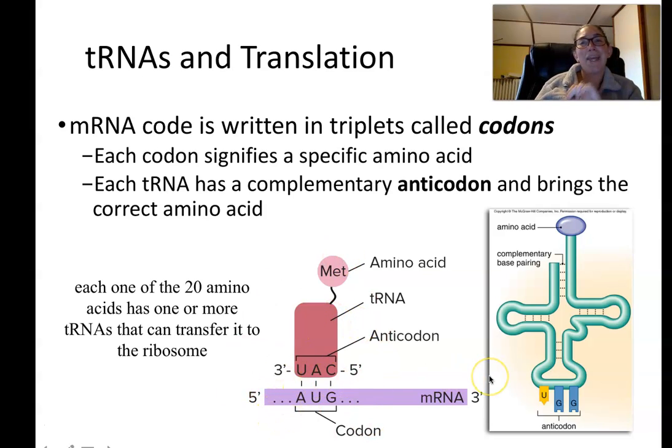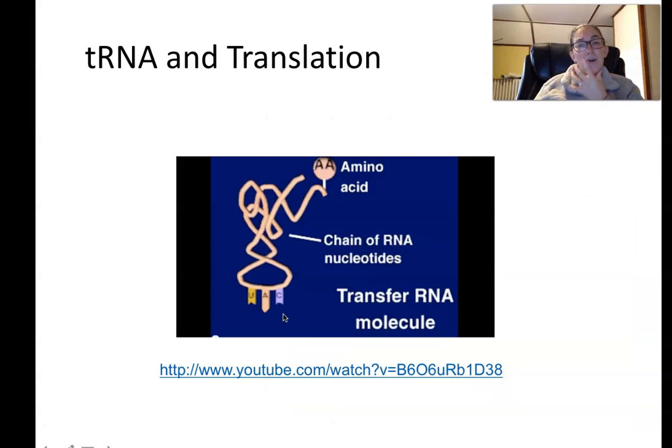Like when you're reading a page, you read it 1 word at a time. Each of these codons is read 1 at a time. And the tRNAs have an anticodon, basically a complementary sequence that matches the codon and always brings the same amino acid to that codon.